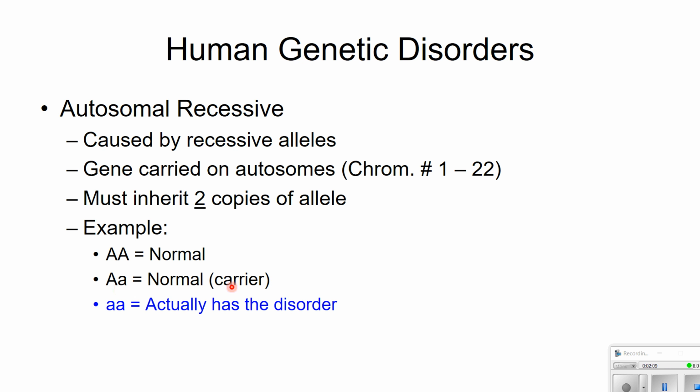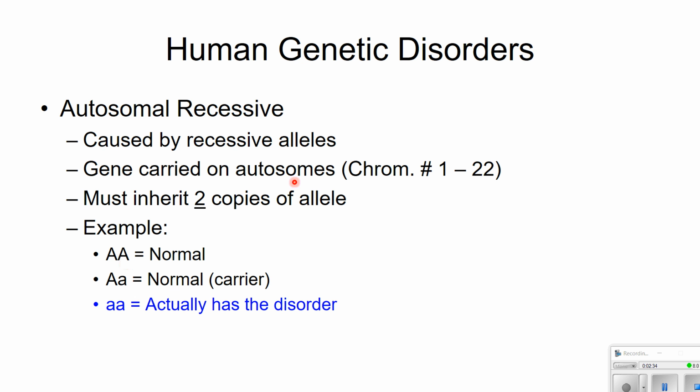We would describe that person as a carrier because they're heterozygous, but typically this person would not show any significant symptoms, and they probably would not even know that they were a carrier until they produce a child someday with the condition. And then, of course, homozygous dominant would be normal and no chance of passing the allele down.